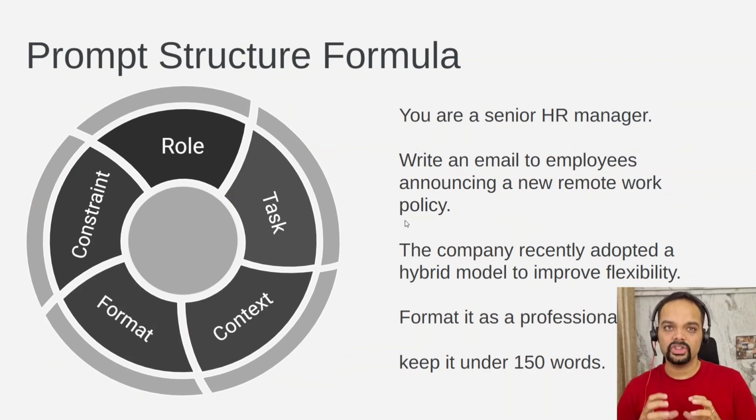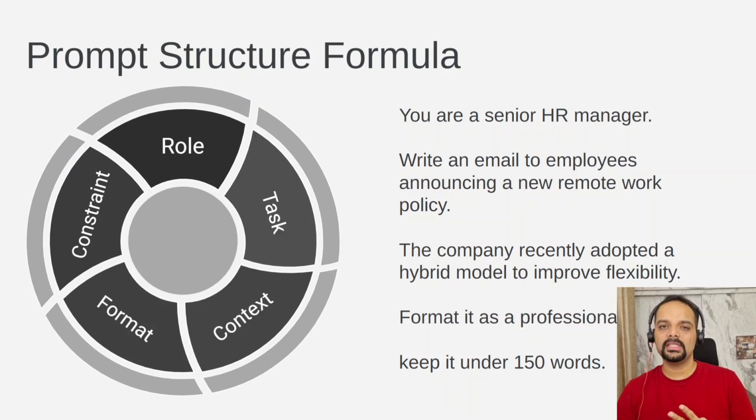This is a generic formula which you can apply today in any prompt that you're trying to generate. Any prompt has five basic key elements. The first one is role. The second one is the task that you actually want to perform.